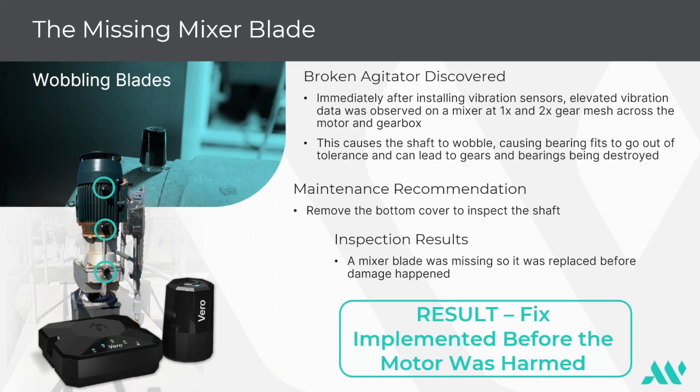That's what we were able to identify here very clearly: there was an issue with the blades. We were able to point the customer directly to where the issue was, rather than sending them on a wild goose chase. So this was a very interesting case where we were able to find the issue and fix it well before it became a much bigger problem for the customer.